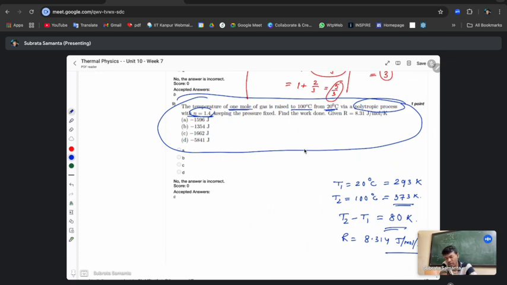So that is n, but here n is for the polytropic process. So what is the polytropic process? The polytropic process is PV to the power n equals constant. So this n is an arbitrary number, okay? So here n is the free parameter, not the adiabatic index gamma.